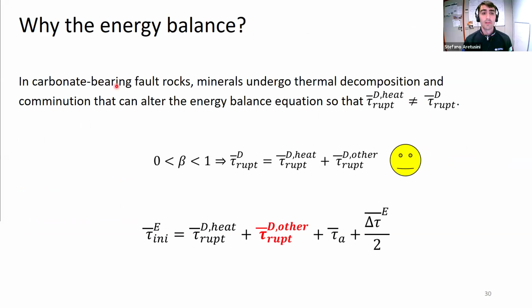If we move to carbonate-bearing rocks, this is clearly the case because thermal decomposition and comminution can really alter the energy balance equation. And so for sure, we need to include this term in our equation, and we will need also to constrain this energy balance with laboratory experiments, because it's probably the only way that we can use to constrain this.